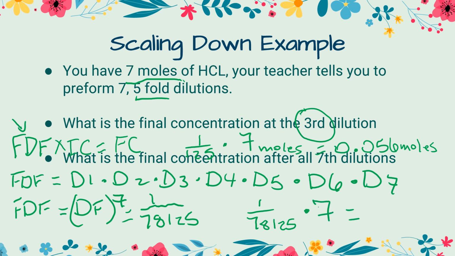That's going to equal 8.96 times 10 to the negative 5 power. Super easy to do. You need 2 equations. How to figure out final dilution factor and how to figure out final concentration.